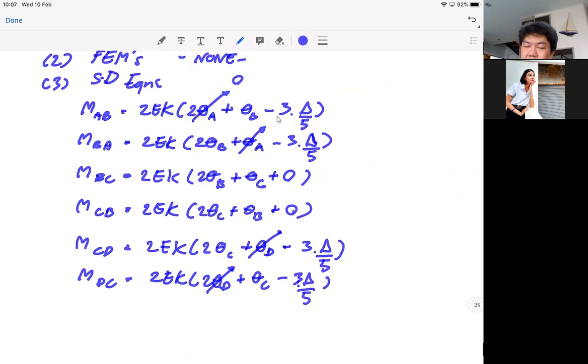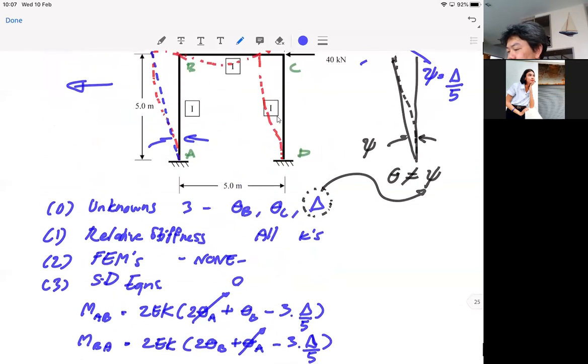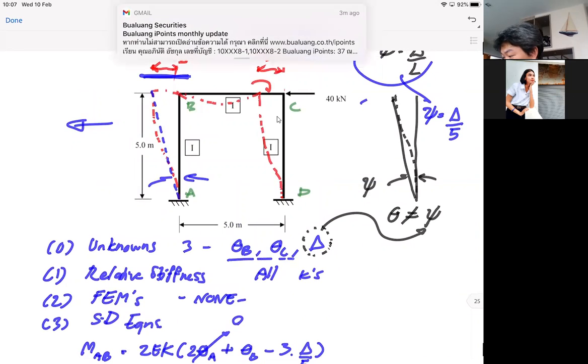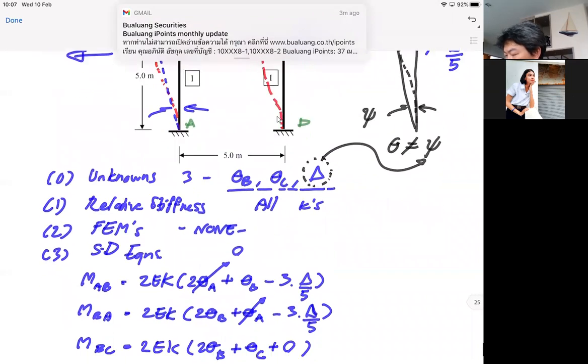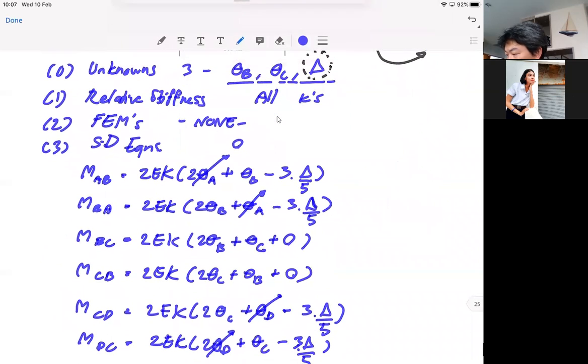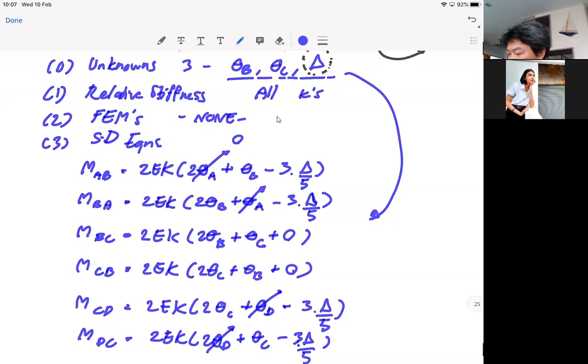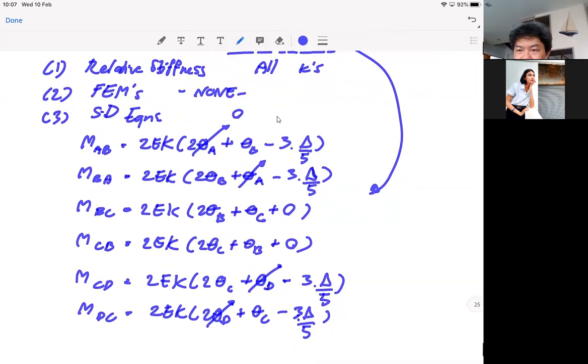Okay, so at least you need to sort the unknowns first. If you can identify your unknowns correctly, it will lead you to correct slope deflection equations. If you cannot sort your unknowns, you should know that it's useless to continue to work, because your slope deflection equation will become a mess and the rest will become garbage.